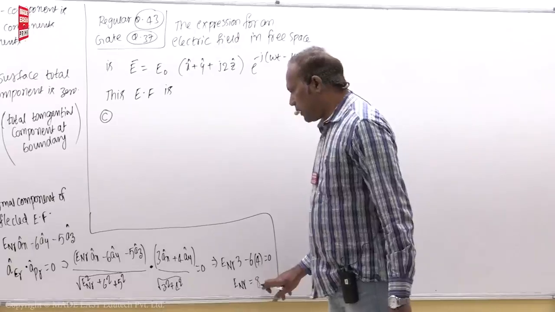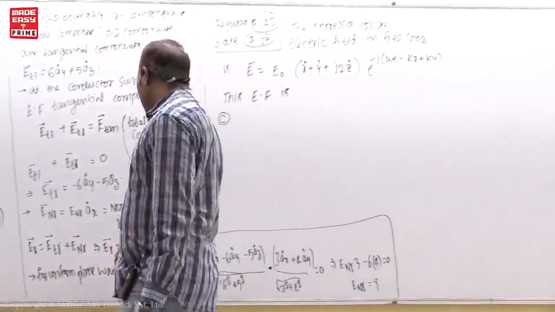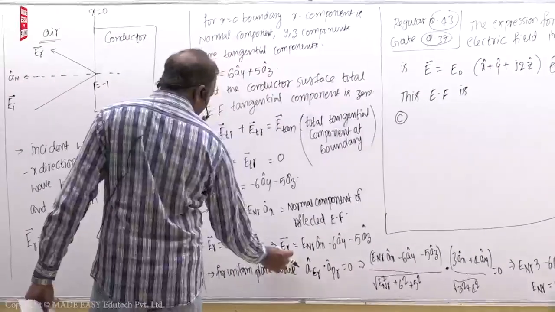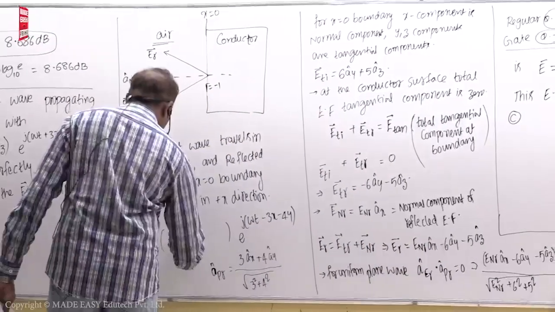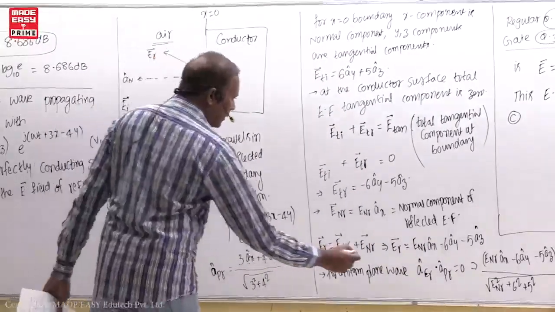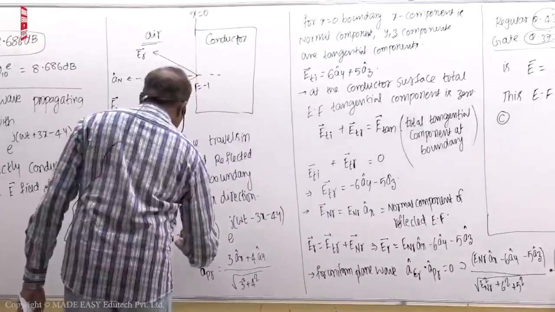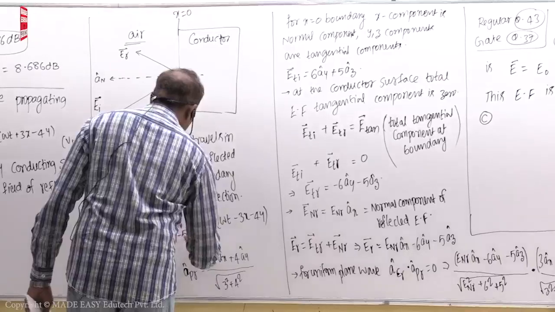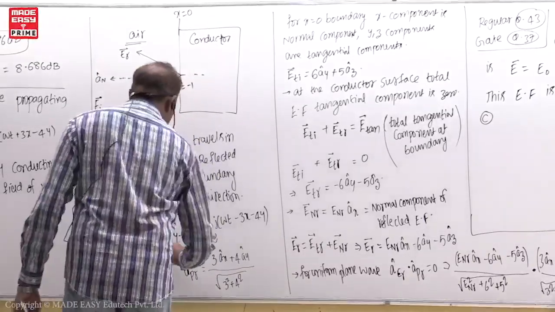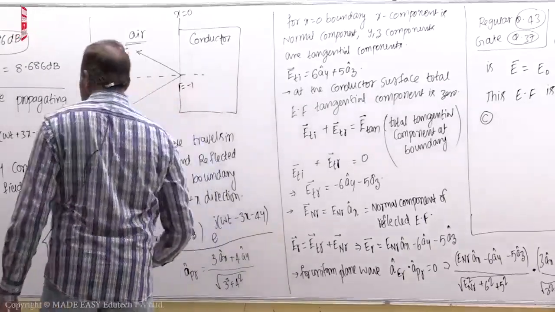So ENR, how much you got? 8 you got. Now this is the electric field vector: 8AX minus 6AY minus 5AZ. Now this is the answer. It is in option C actually.